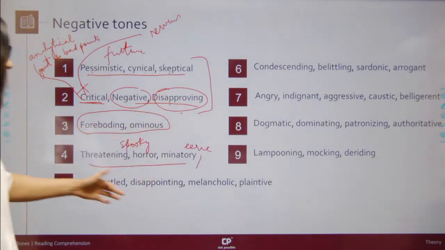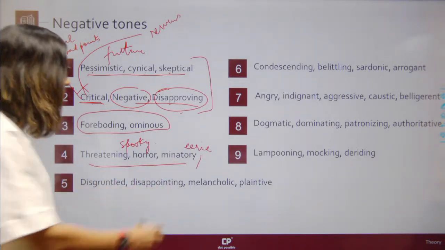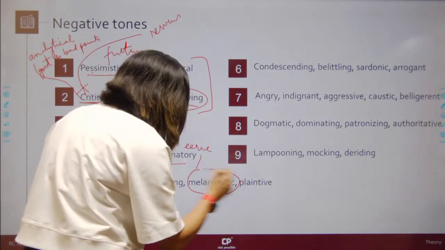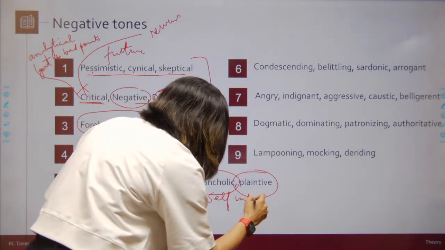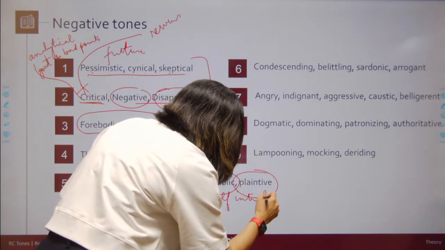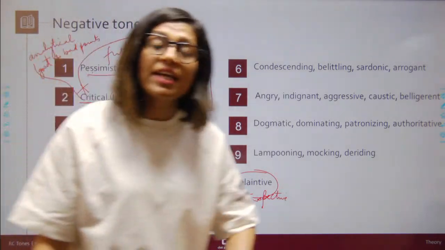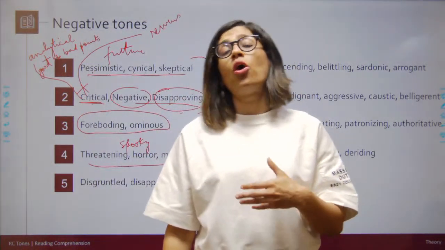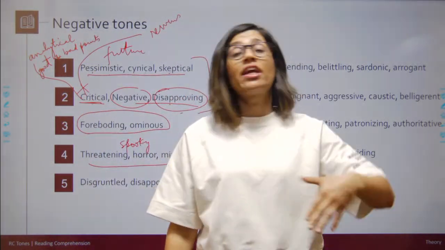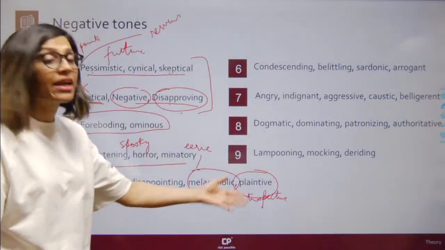So disapproving can have various other words, for example, disappointing. If the person is in a self-introspective mood, that means talking about his or her failures, or talking about his or her achievements, or being sad, talking about how life is unfair, then that tone will be melancholic or plaintive.